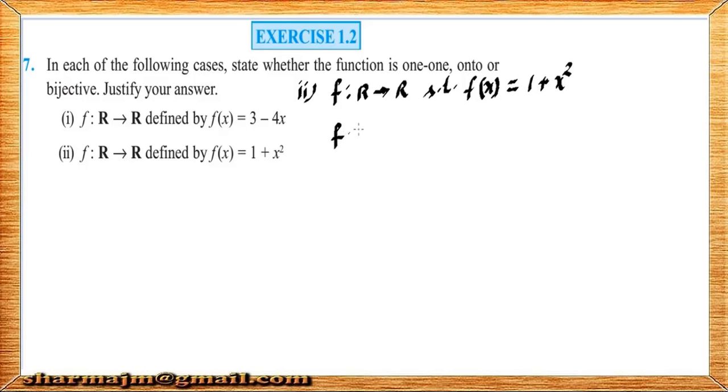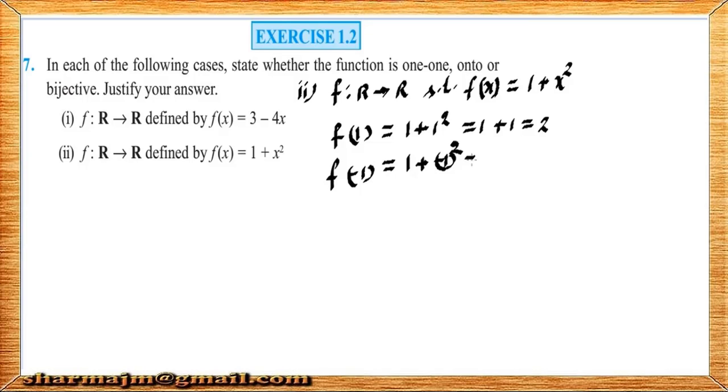Here if you take f of 1, then it will be 1 plus 1 square, that is 1 plus 1 is equal to 2. And if you take f of minus 1, then it will be 1 plus minus 1 square, that is 1 plus 1 is equal to 2. So here 1 is having image 2 and minus 1 is also having image 2. So two elements are having the same image. So f is not a 1-1 function.